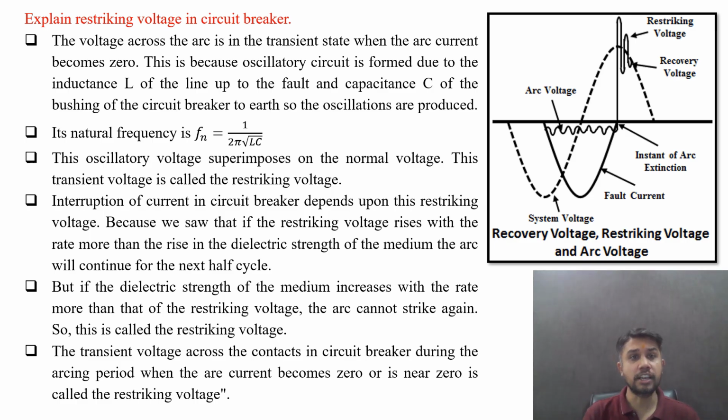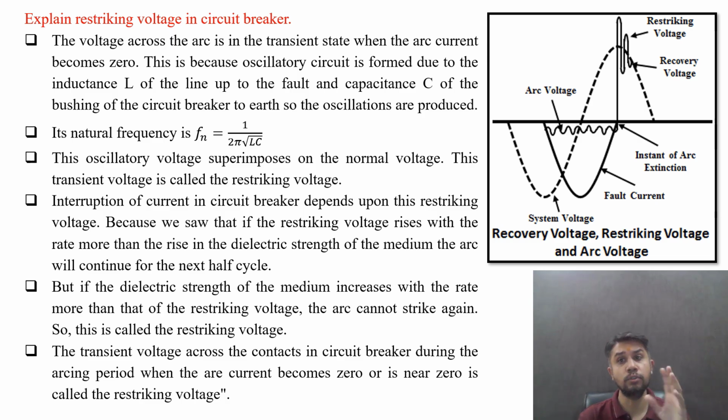Explain restriking voltage in circuit breaker. It is the voltage across the arc in the transient state when the arc current becomes 0. At that time an oscillatory circuit is formed due to the inductance L of the line up to the fault and the capacitance of the bushings of the circuit breaker to earth.